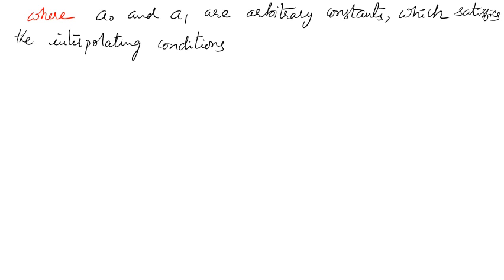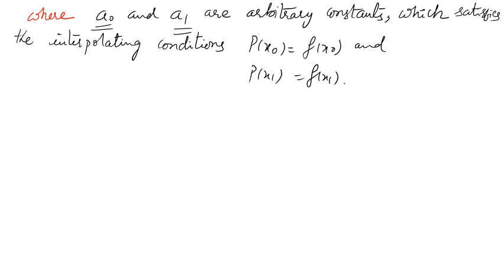What are the conditions? P of x0 equal to f of x0, and another one is P of x1 equal to f of x1. These are the interpolating conditions. Why am I taking only two points, x0 and x1? Because two arbitrary constants a0 and a1 have to be determined. So two conditions are required.